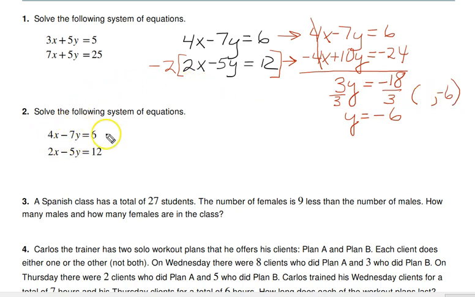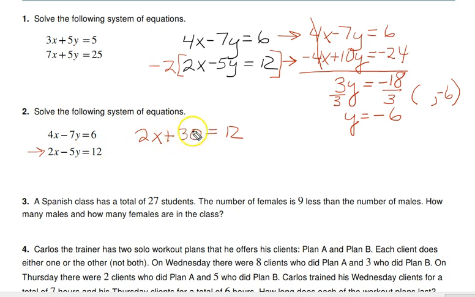And I can go to either equation. Let's use this one here. So I have 2x minus, so a -5 times a -6 is going to be a positive 30 equals 12. I've taken my value for y, substituted it here, did this multiplication, I get this.